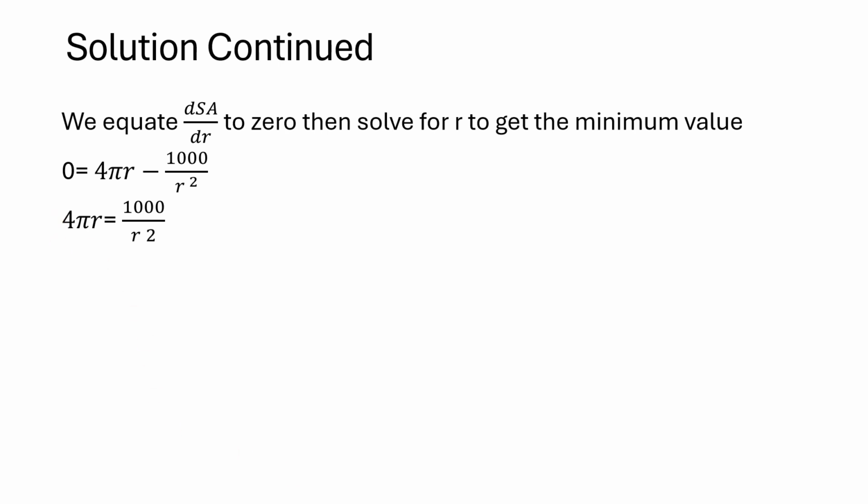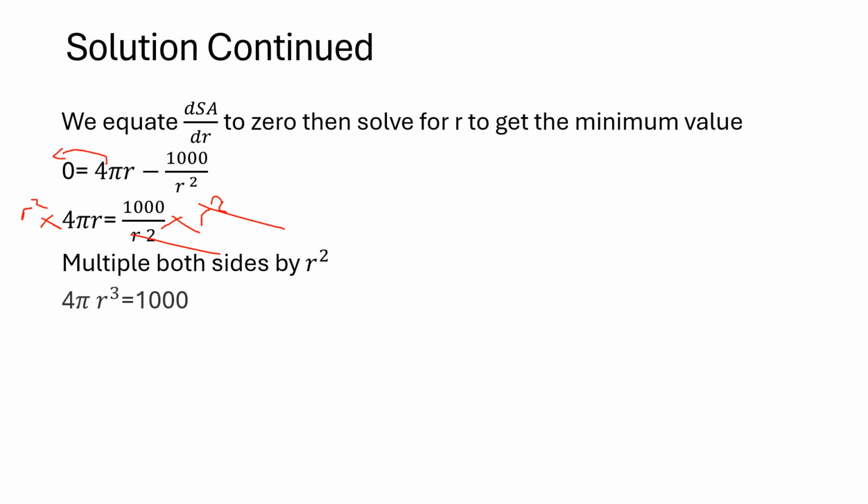Let me just write it as we go so that you don't get confused. This goes to the other side, and we end up here, then we multiply both sides by r squared. So we cancel this out, and we end up being left with this.